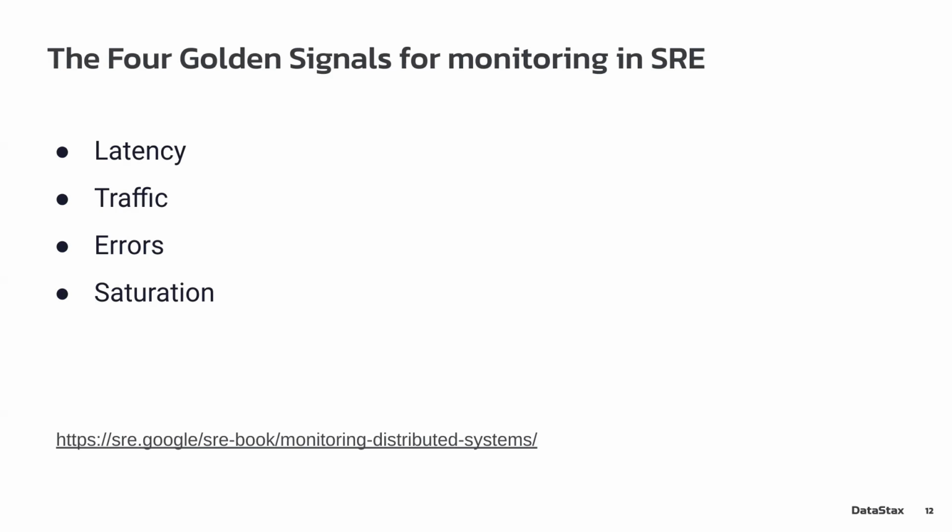Latency is the time that it takes to service a request. Traffic is how much demand is being placed on your system, and typically in a messaging system this will be messages per second or bytes per second, which are also some metrics that there are in Pulsar.